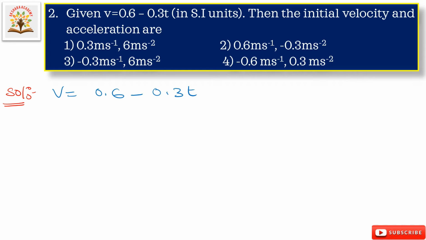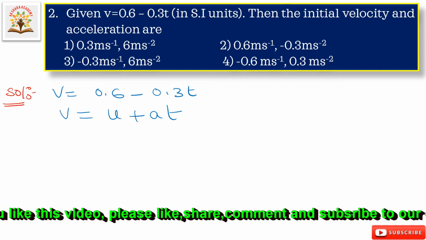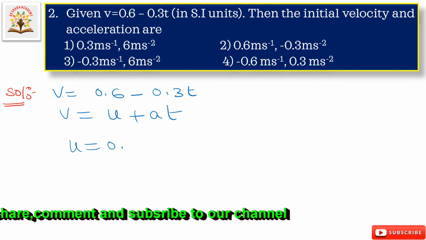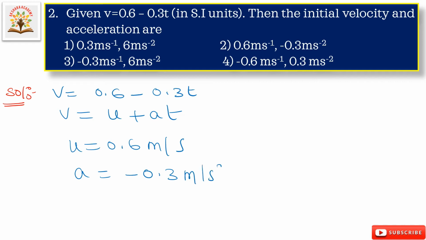When we compare this given equation with v is equals to u plus at, u is equals to 0.6 meters per second and acceleration a is equals to minus 0.3 meters per second square. So this is initial velocity and this is acceleration.